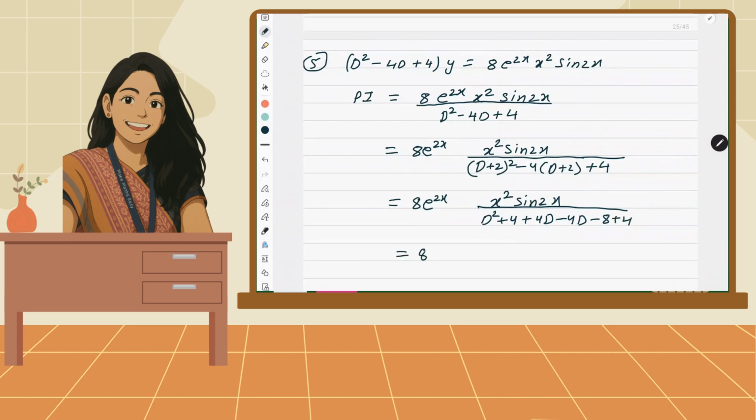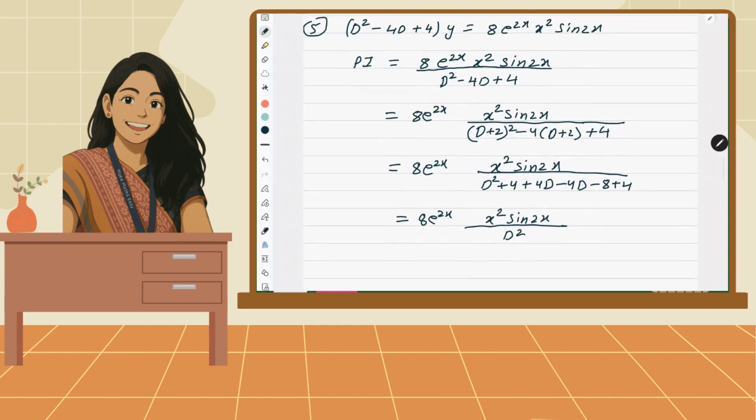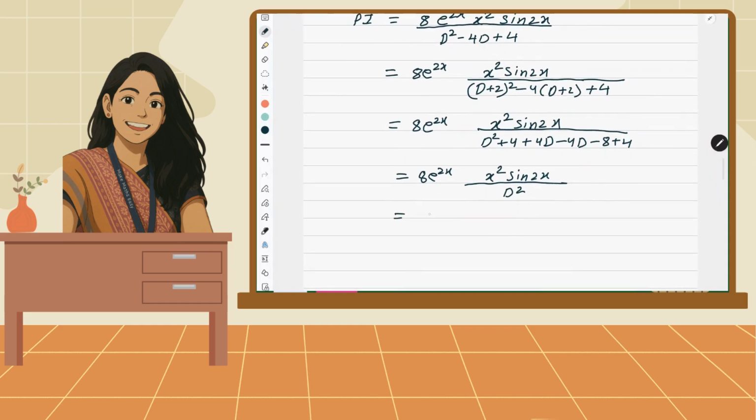So this is 8 e to the power 2x, x square sin 2x upon D square. Correct? So again I reach the same point where I have 8 e to the power 2x and double integration of x square sin 2x dx.